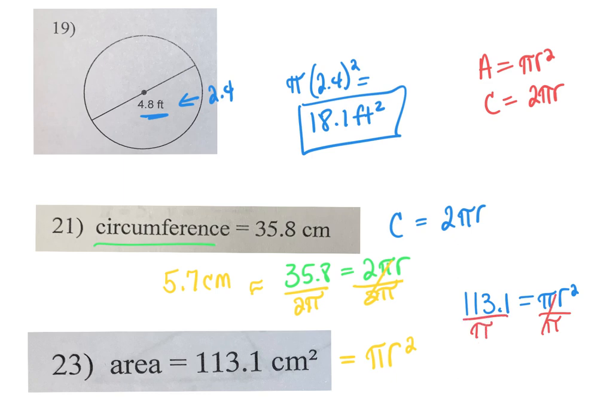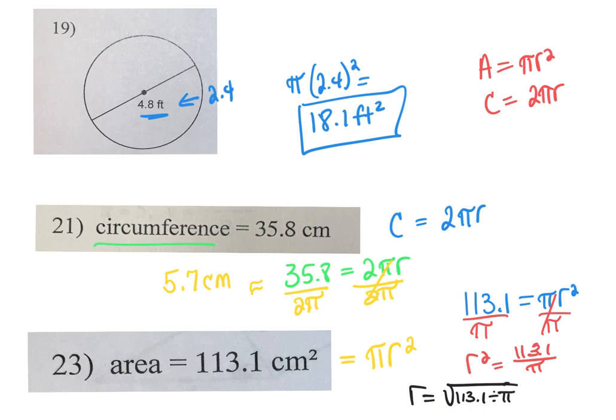So r squared equals 113.1 divided by pi. How do I solve for r here? Square root. Yes? So in your calculators, you're going to have to put the square root. So r is going to equal the square root of 113.1 divided by pi.